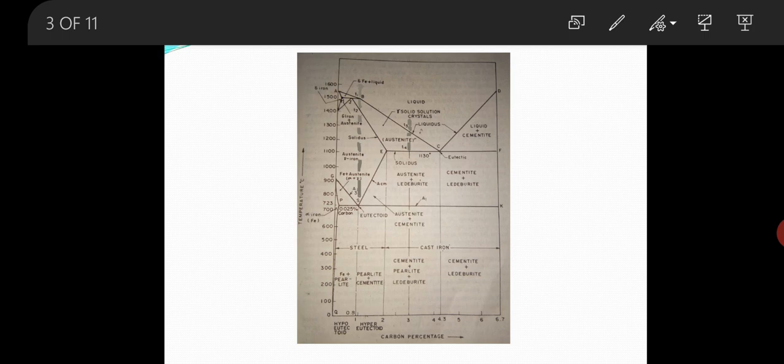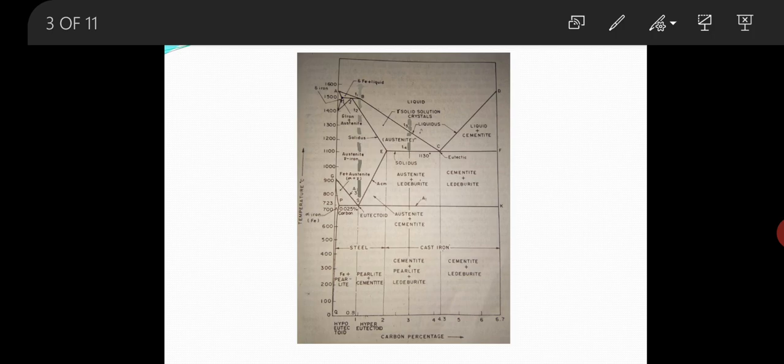You go along the y-axis up to 1485, and point B is 0.8% carbon, point H is 0.1% carbon, point J is 0.18% carbon. So you can draw the line HJB.